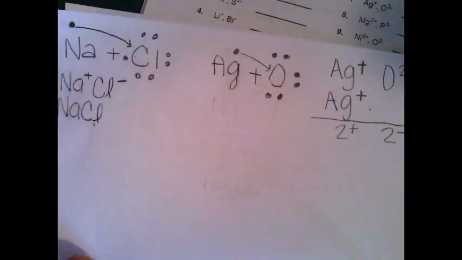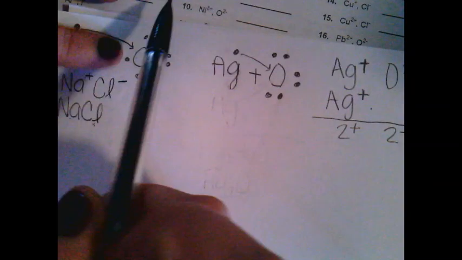So if that oxygen atom gained 2 electrons, you would write AgO, because a silver actually, and this says plus, so that means that it gave away 2. So if it gave away 2, okay, I'm sorry.